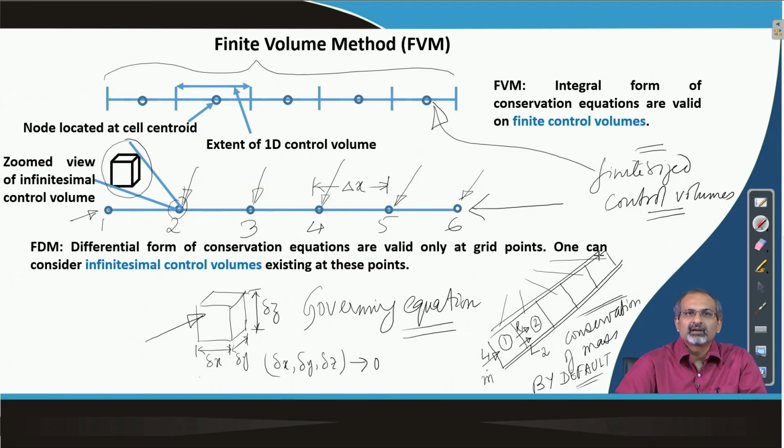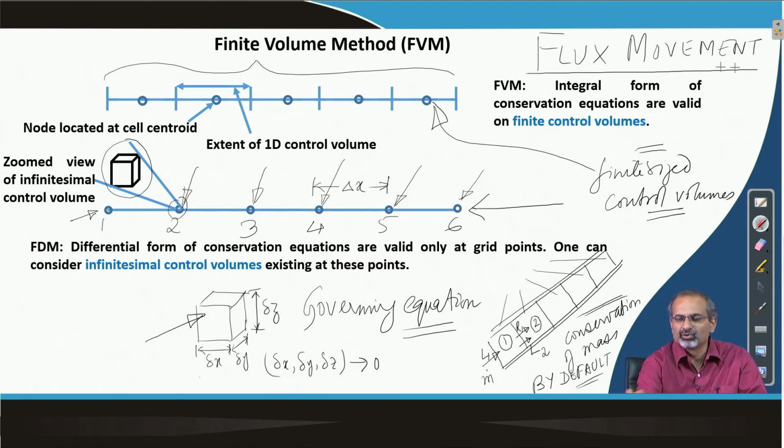So, the control volumes are essentially next to each other, sharing boundaries, and what these boundaries are doing is that they are transferring flux. It could be mass, it could be momentum, it could be energy, but by and large we are talking about flux movement, and this is something that is very closely connected with the physical world, and it is quite intuitive as well for us.